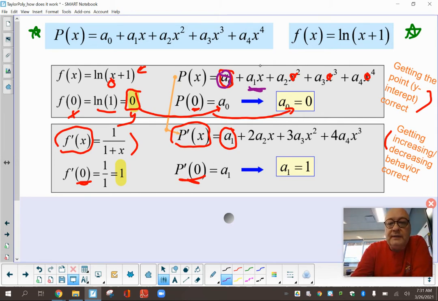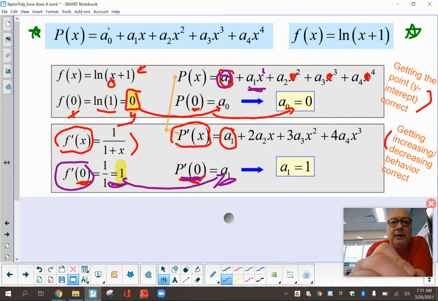So what's the derivative of like 4x? It's 4. What's the derivative of 10x? It's 10. So what's the derivative of a sub 1 x? It's a sub 1. And if our function's result has to be 1 at the derivative of 0, then our polynomial's derivative at 0 also has to be 1. Therefore, a sub 1 is 1.